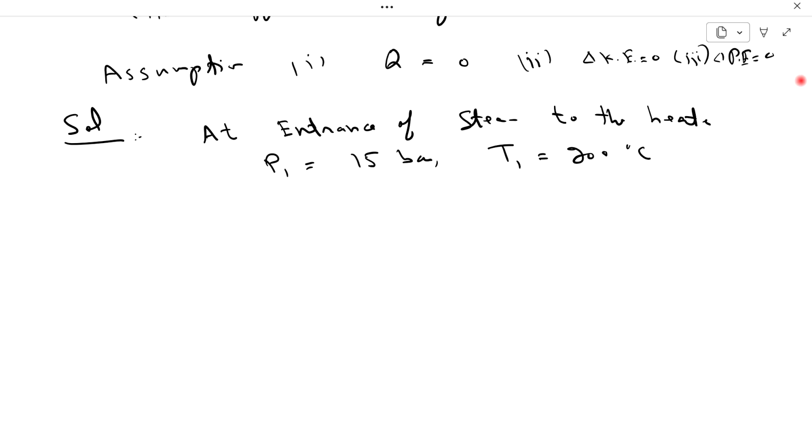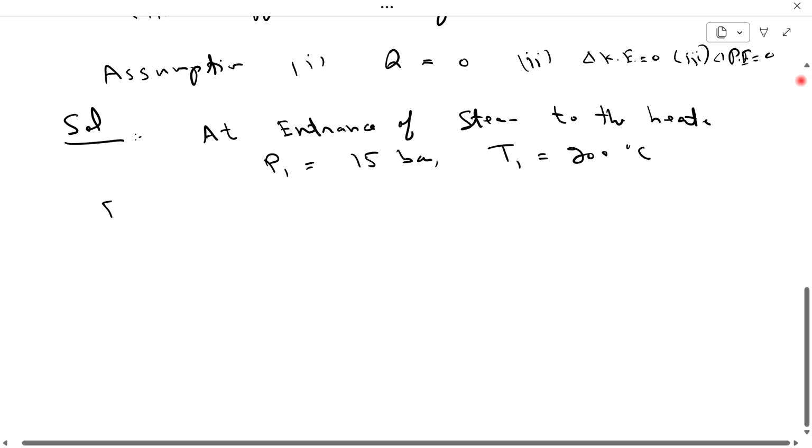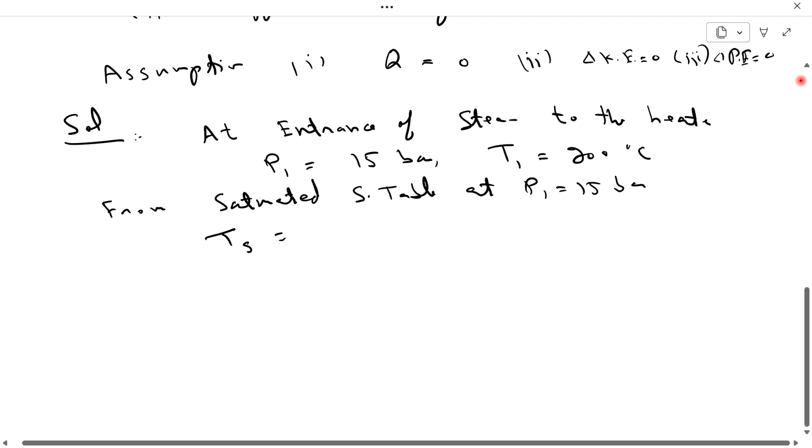So first we find the saturation temperature for this pressure from the saturated steam table at pressure P1 equal to 15 bar. The saturation temperature is 198.3 degrees centigrade.